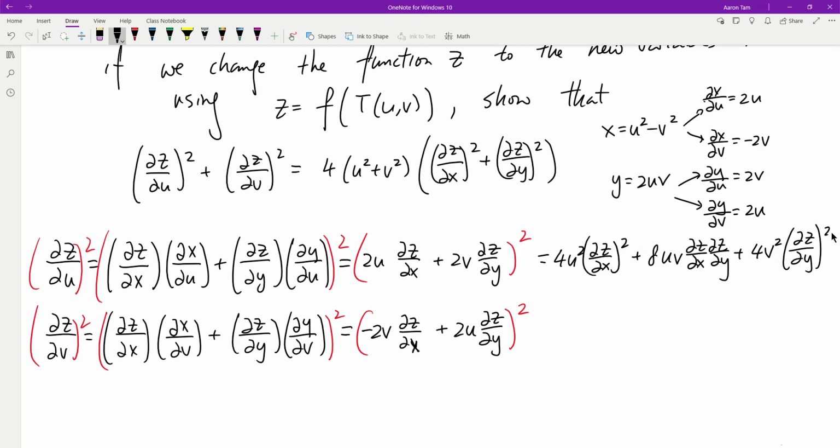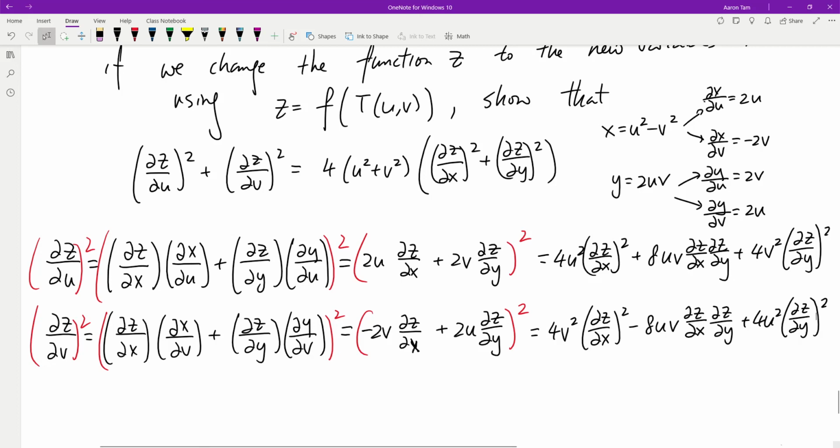It just requires you to multiply it out, so you should get the same thing I have. And what happened to the bottom one? Same way. That becomes 4v squared dz over dx squared, minus 8uv dz over dx dz over dy, plus 4u squared dz over dy squared.